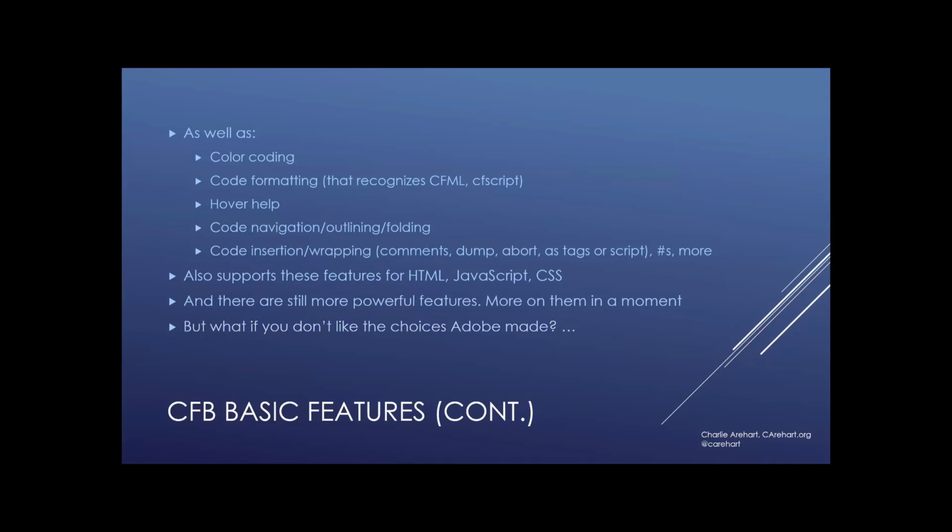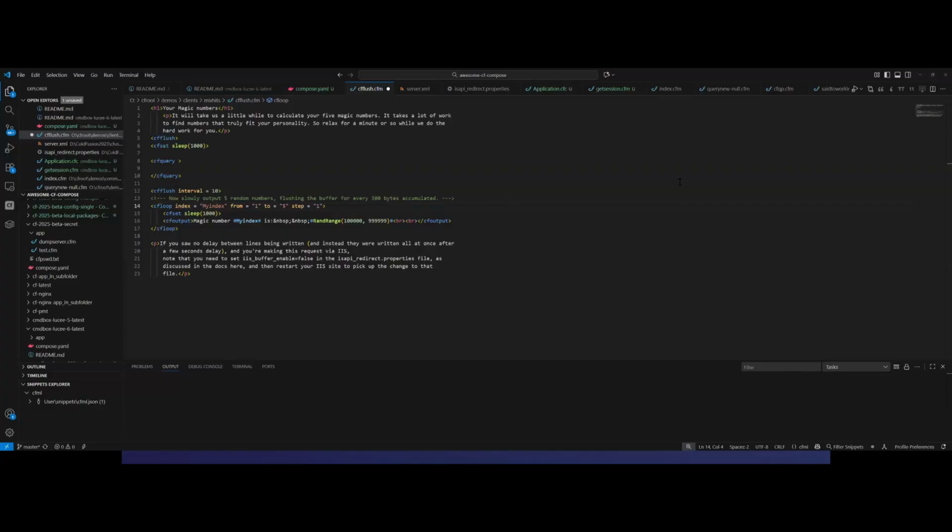But like I said, what if you don't like these choices that they made for the formatting or the color coding or all that stuff? Well, check this out. On any CFM page, look, there's a profile preferences button that's in the lower right part of the screen, or you use the palette and type profile preferences. But I'm going to go back to my local one here. I'm saying in the bottom right corner, very far bottom right corner, look down here at my mouse.